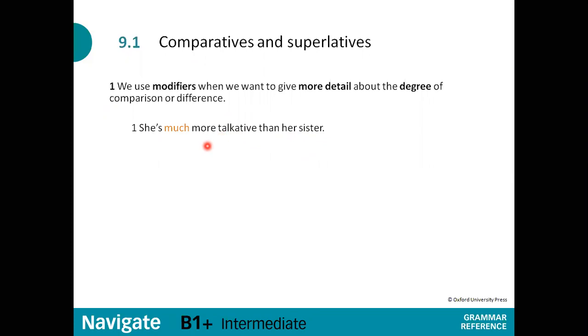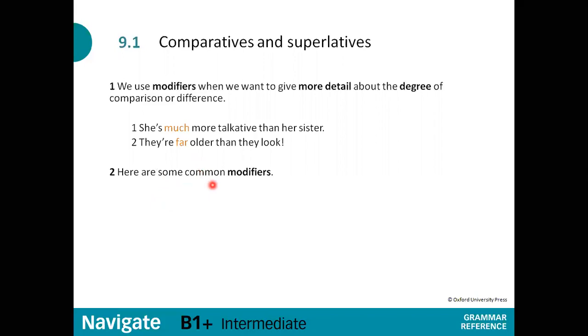So here you are modifying more talkative by using much before it. Next, they are far older than they look. So they look like 60 maybe, or maybe 50 years old, but they are far older. Maybe they should be 70 or 80 years old. That's why far is modifying the comparative older here.